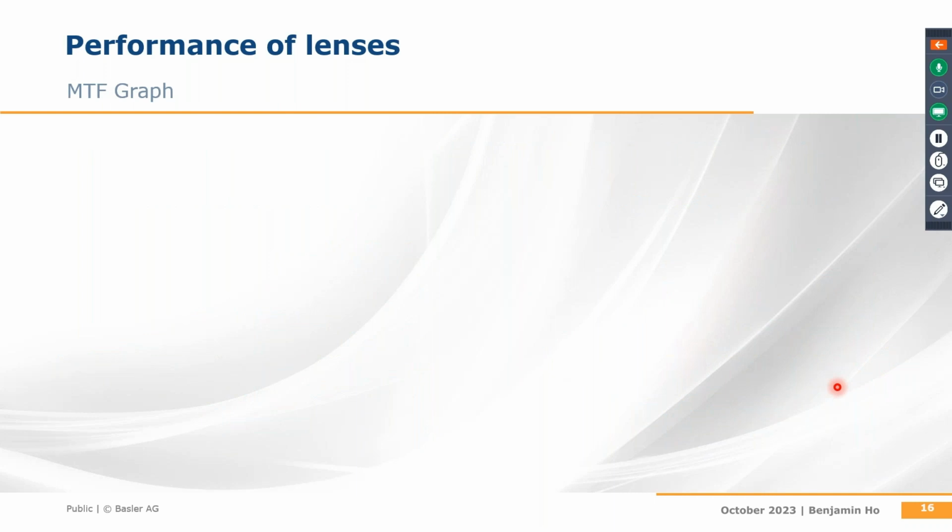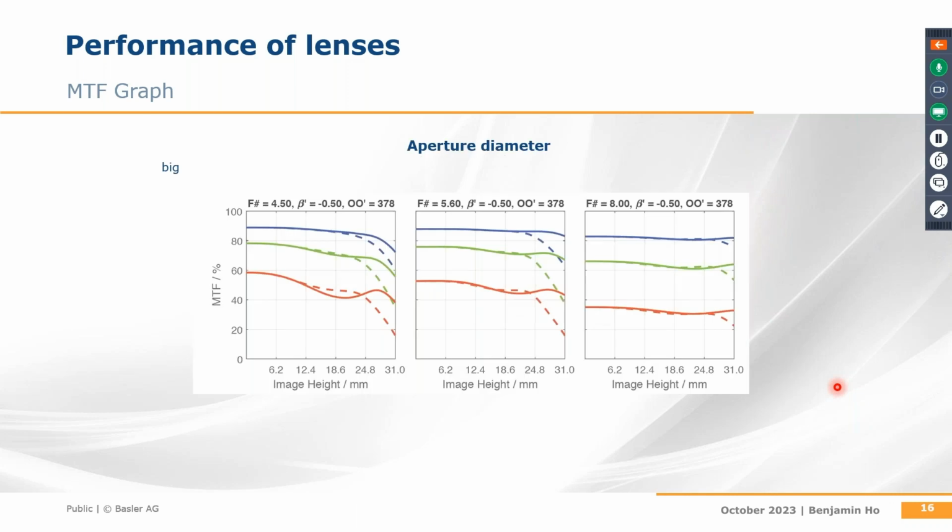Diffraction and aberration can be observed on the modulation transfer function graph. The left of the x-axis of the graph refers to the center of the sensor, and the right is the edge side of the sensor. Higher MTF percent means better performance.